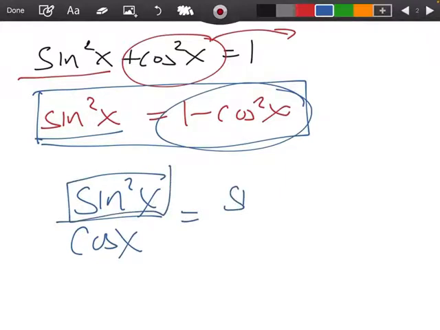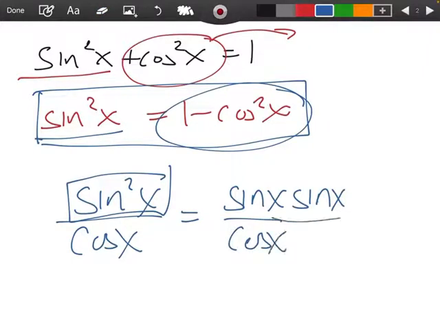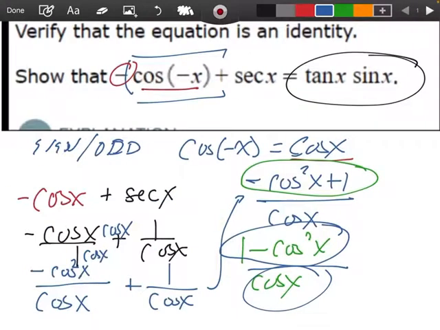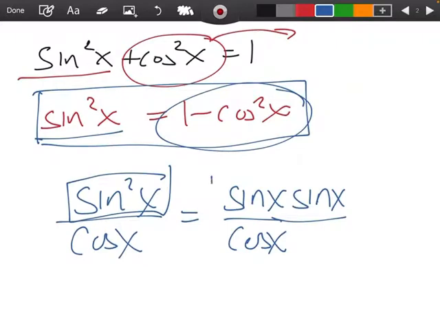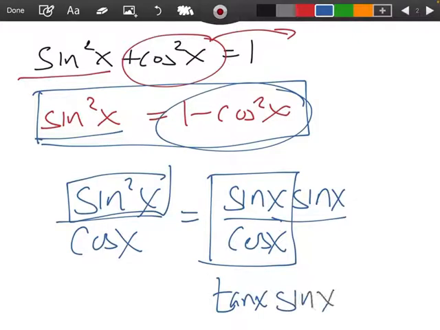So I'm going to think about this as a sine x and another sine x over a cosine x. And remember what we're trying to get to? We're trying to get to a tangent and a sine. So I know that sine divided by cosine is tangent x, and then here is my sine x.